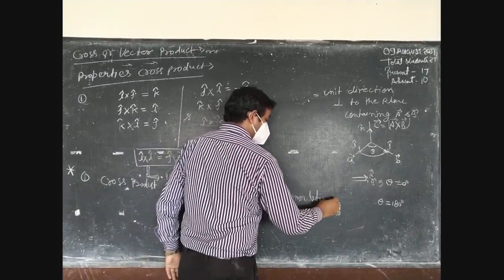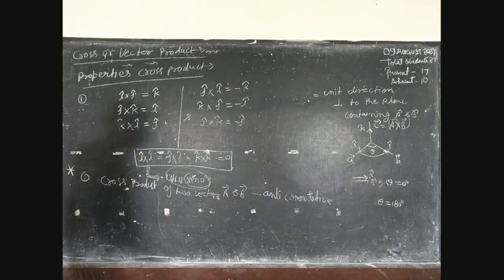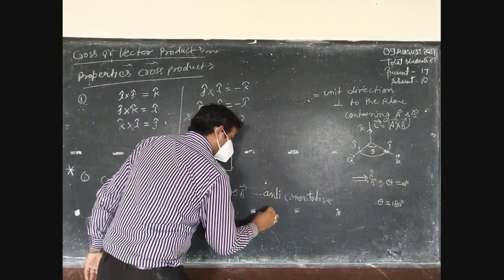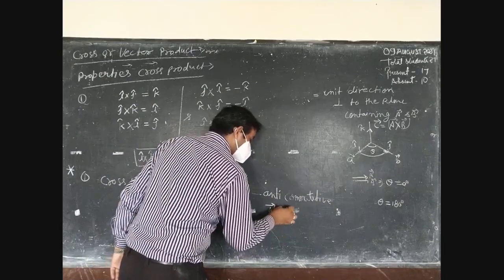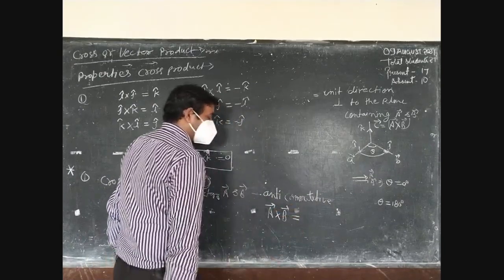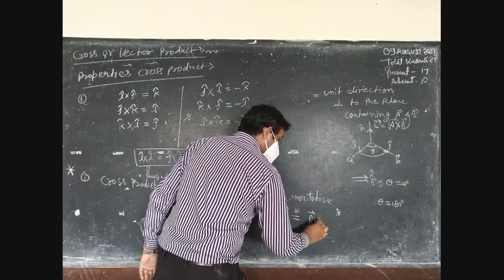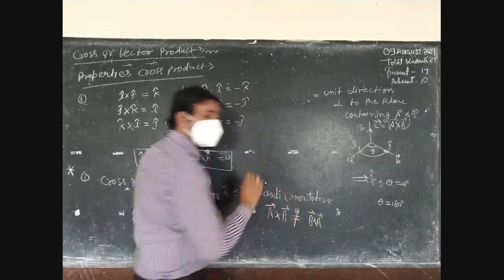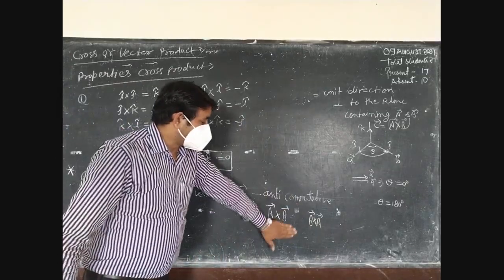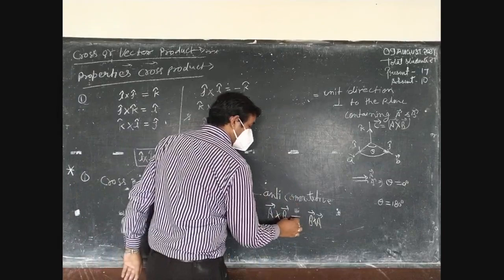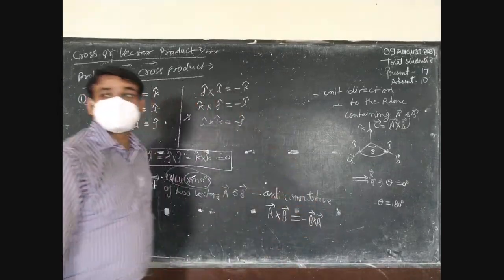Which means not commutative. That is, if two vectors are taken as vector A cross vector B, then we observe that vector B cross vector A is not equal. Okay, for using this not equal sign, we use here anti-commutative by using a negative.